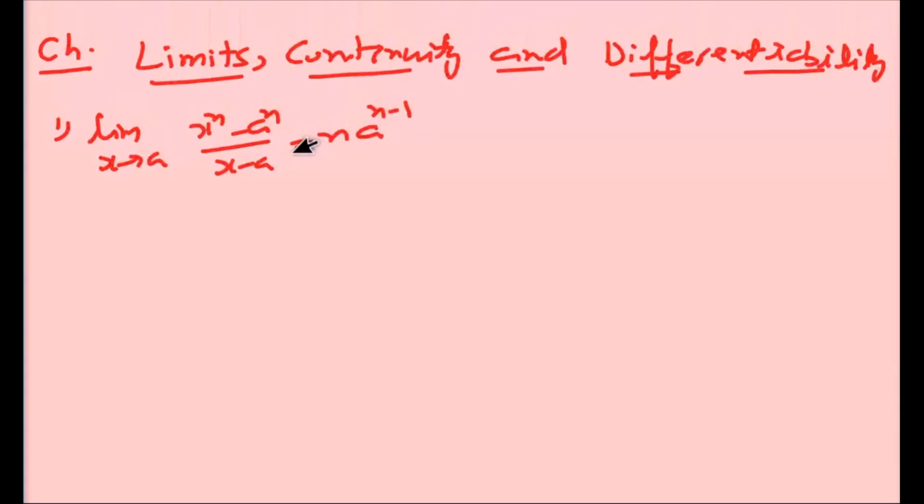Students, you can go through this formula in the previous video also, to see how we derived this formula. Okay, I am doing revision only.